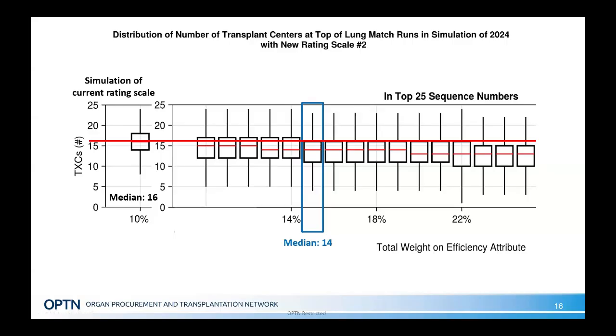And this may seem like a relatively modest change, but we were hopeful that this would be impactful based on the previous data we saw, suggesting that over 15 seemed to be an important threshold. And frankly, it was hard to reduce the number of centers in that top 25 sequence without dramatically increasing the placement efficiency total points and significantly impacting waitlist survival and access.